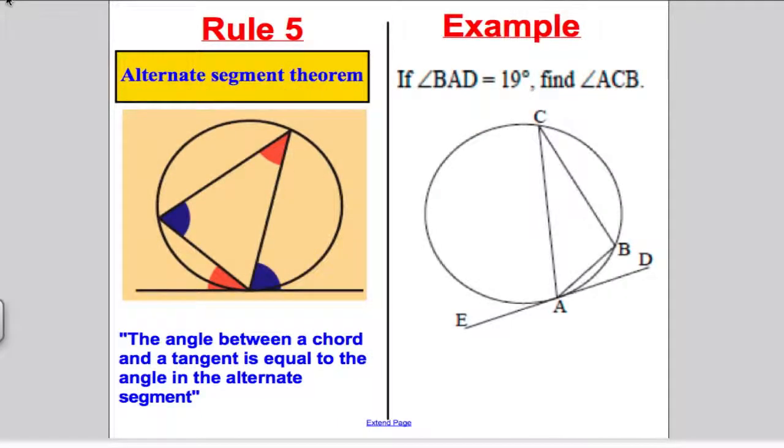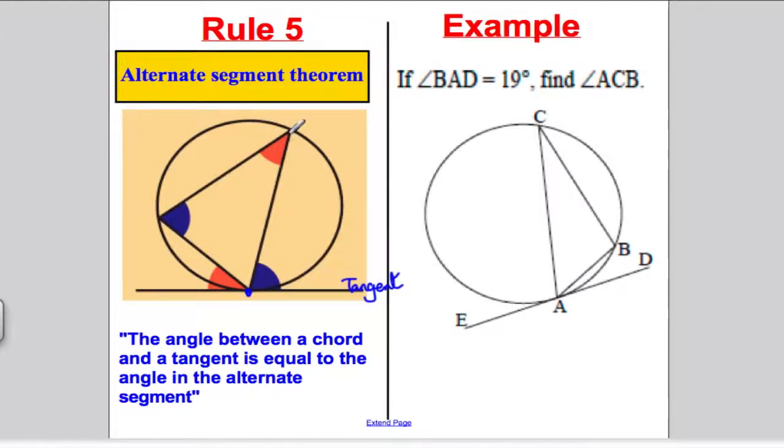Here's rule 5. It's called the alternate segment theorem. It's a fairly complicated rule to remember, but if you just try and visualize this picture, it says whenever you have a tangent, remember a tangent is a line that touches a circle at one place here.